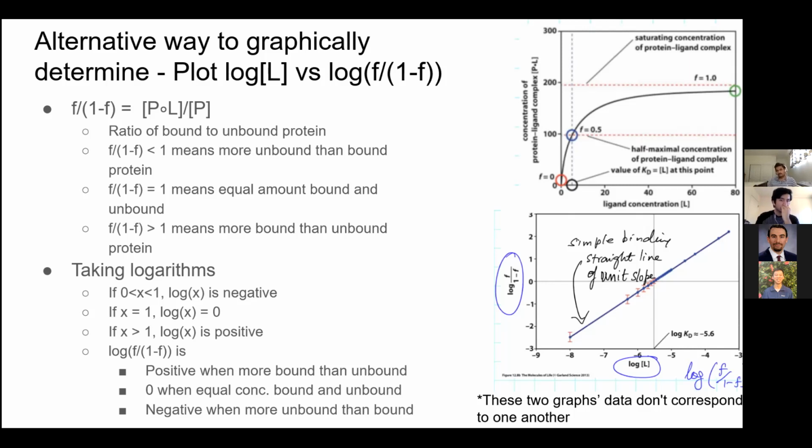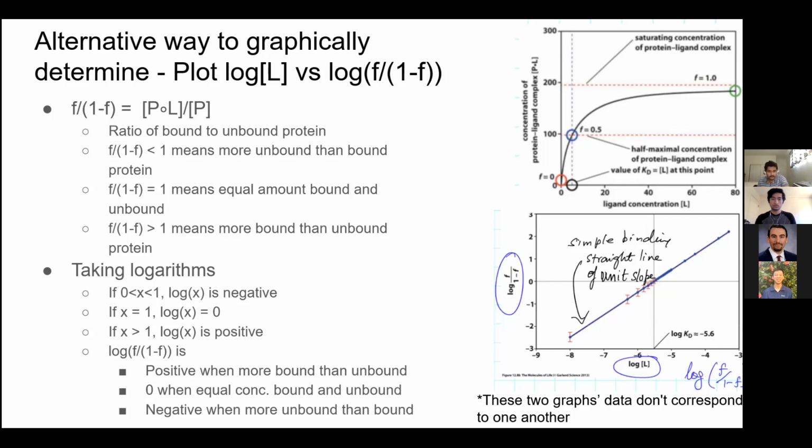Now, talking about what the logarithm means, because some people can get kind of freaked out. A logarithm is just a function that maps values to other values. If your f over 1 minus f is less than 1, the log becomes a negative number.